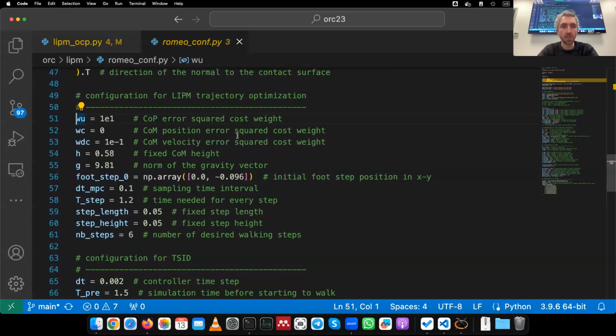Yeah, okay, so here we have the 3 parameters for the cost function of the trajectory optimization problem, the 3 weights. So we are using a weight of 10 for the COP tracking and a weight of 10 to the minus 1 for the tracking of the velocity. So one thing we could try is to make these 2 weights equal and see what would happen.